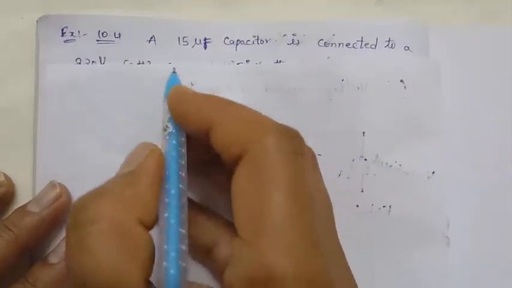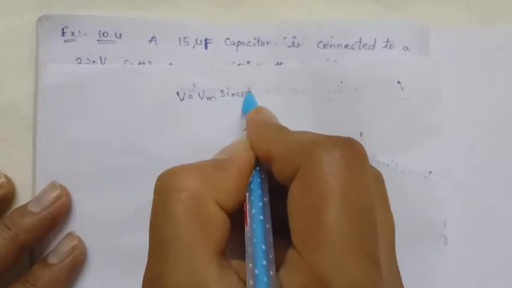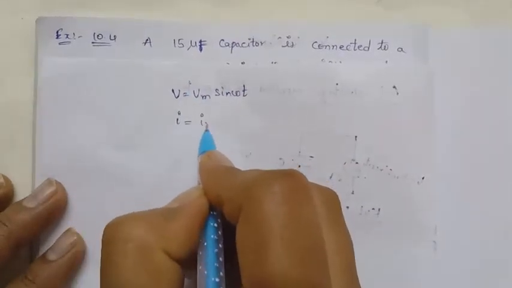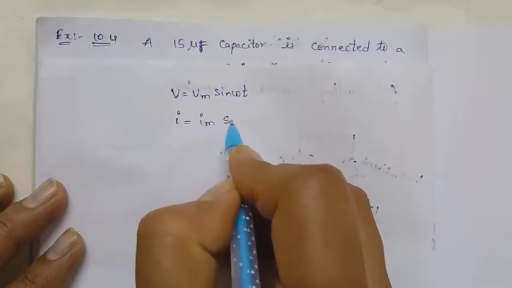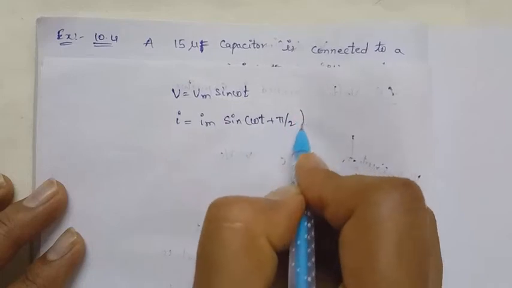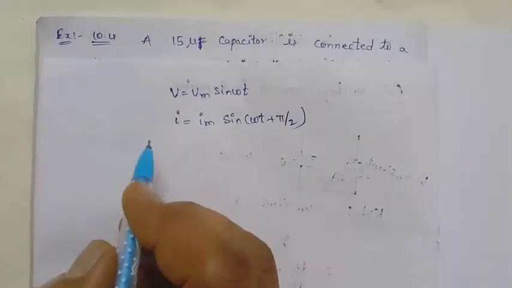So what is the voltage we are getting? V is equal to Vm sine omega t. And what is the current flowing through the circuit? I is equal to Im sine omega t plus pi by 2. So what is the instantaneous power?